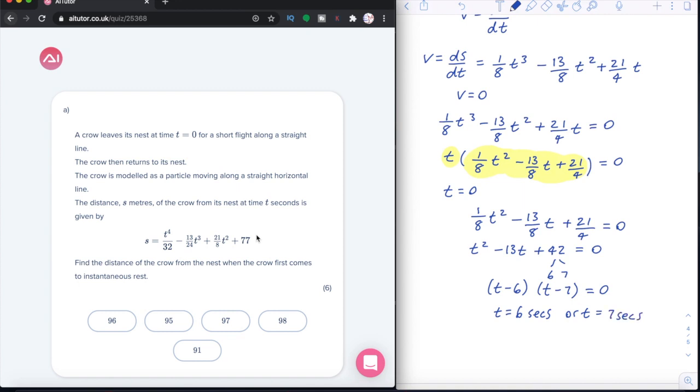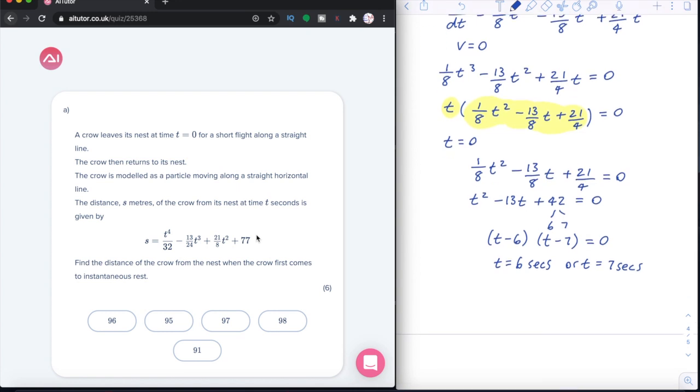So these are the times where the crow comes to instantaneous rest. So what we can do is we can substitute these values of t into our function for s and then work out the distance that the crow was away from its nest. So first we use t equals 6.